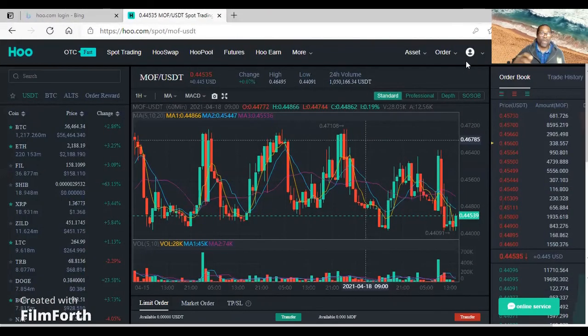So we have done it. We have done everything about withdrawal from your HyperFund Global account, taking your MOF to the exchange, to Binance, and then from Binance to your bank account.